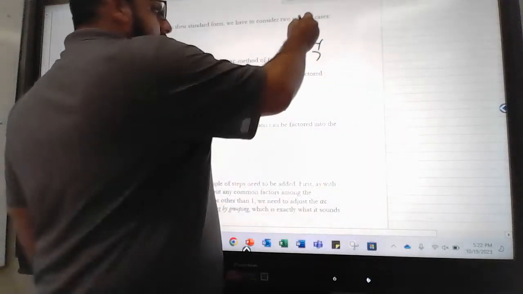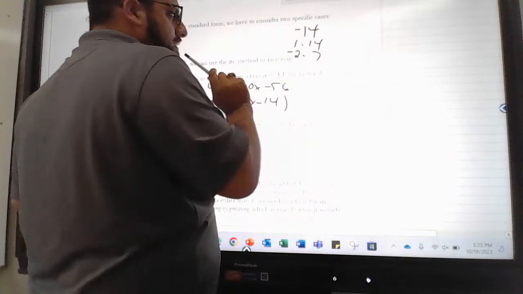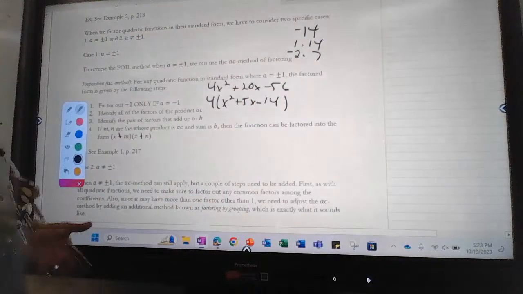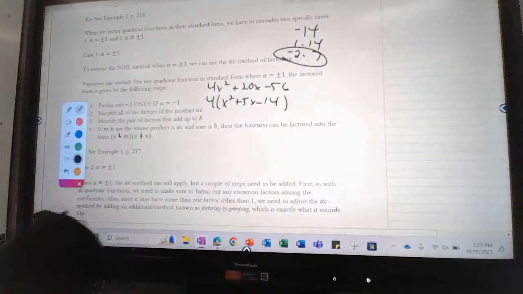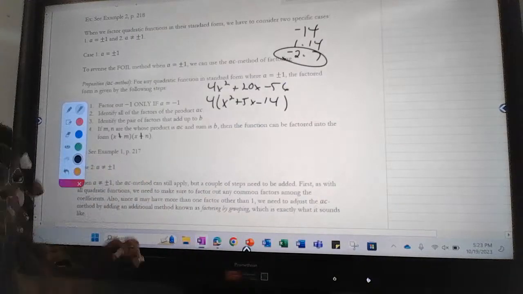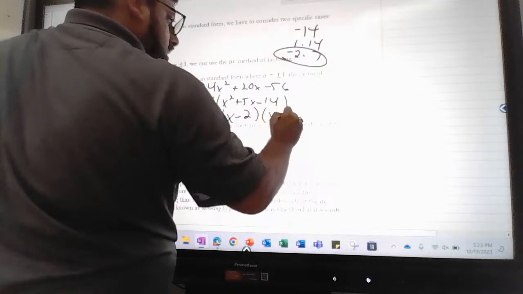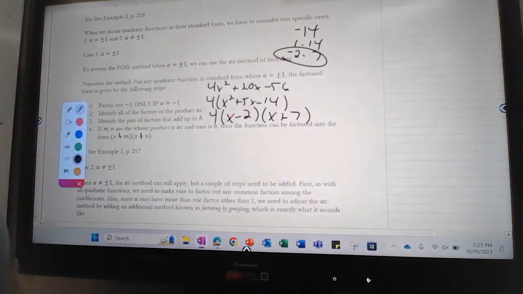If I take negative 2 and 7, negative 2 times 7 is negative 14, and negative 2 plus 7 is positive 5. Those are the two numbers that I'm going to use, so I can go straight to the factoring stage. When I do that, I end up with 4 times x minus 2 times x plus 7. And if you want to check your work, FOIL and distribute everything out, and you should get your original function.